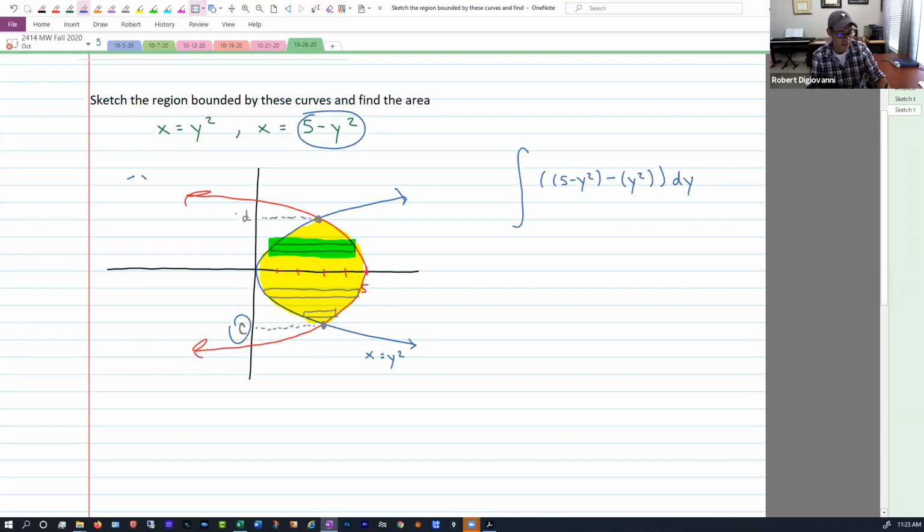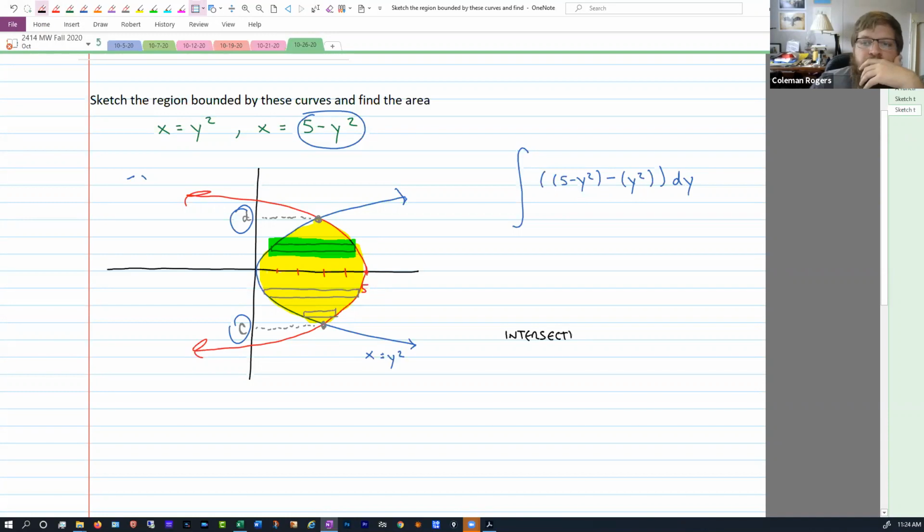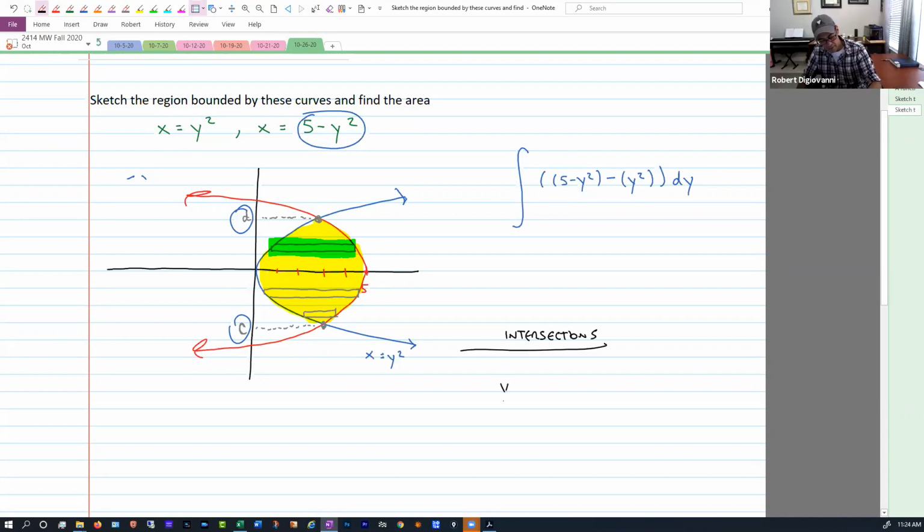So we need to find c and d. And how do we find c and d? We find the intersection of the two curves. Set them equal to each other. So I'm going to set y squared equal to 5 minus y squared. So we get 2y squared equals 5.